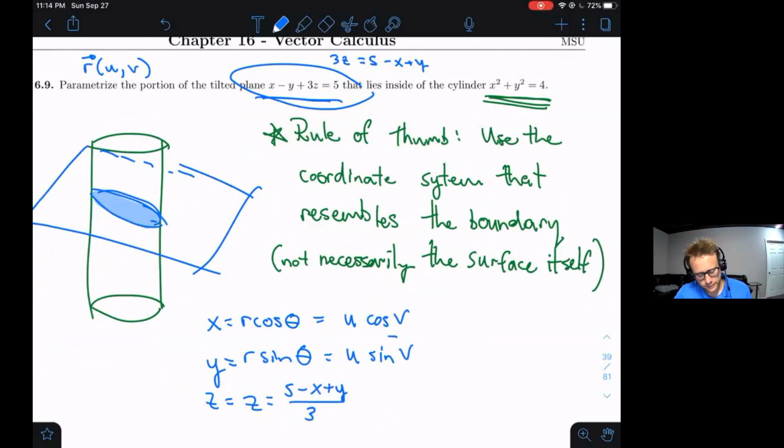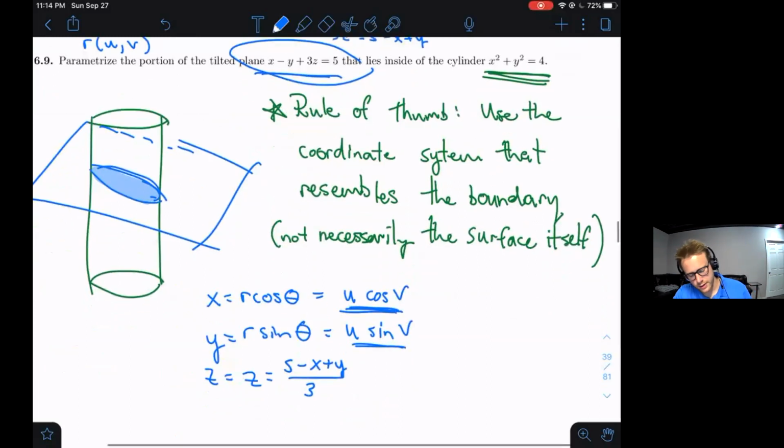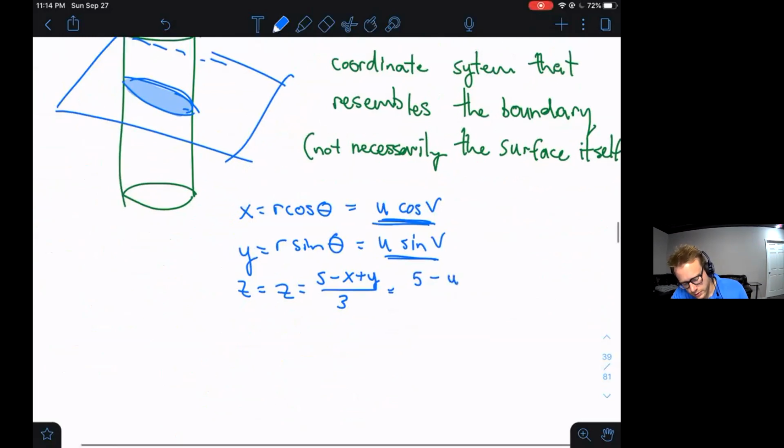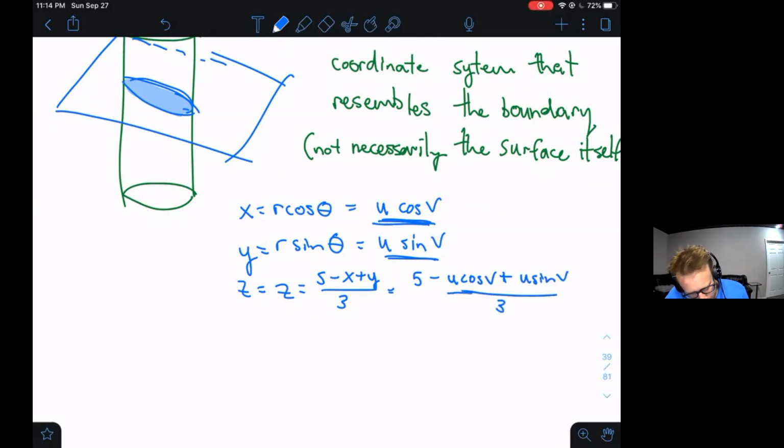It's U cosine V. And Y, we know a parameterization for that in terms of U's and V's. It's U sine V. So we can parameterize Z, now that we have it in terms of X's and Y's, by just plugging these in. So we're going to have 5 minus X, so that's U cosine V, plus Y, U sine V, all divided by 3.